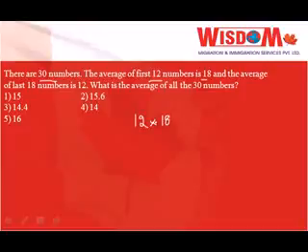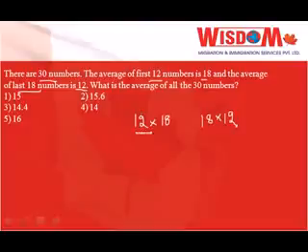So this is the sum of the first 12 numbers, and the average of last 18 numbers would be 12. Hence their sum would be 18 times 12.